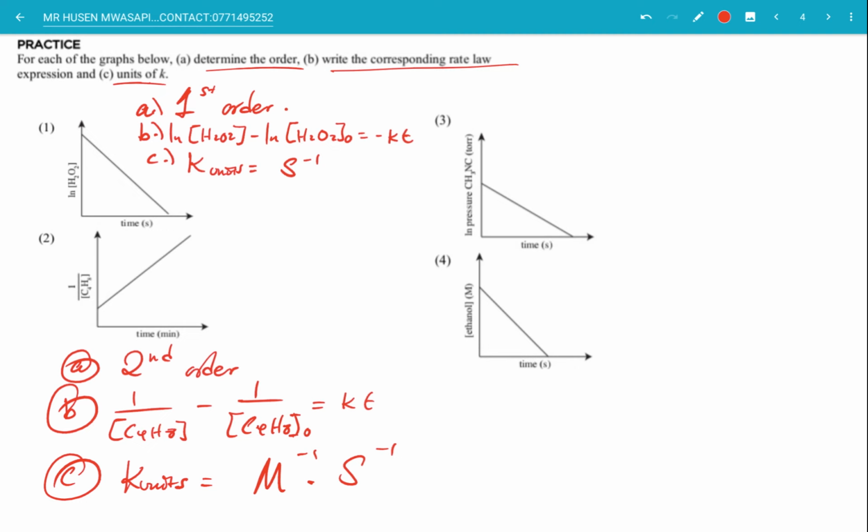Then looking at 3, you have ln pressure of CH3NC. So when it comes to the order of this reaction, be mindful that since we have ln, it's going to be the first order.